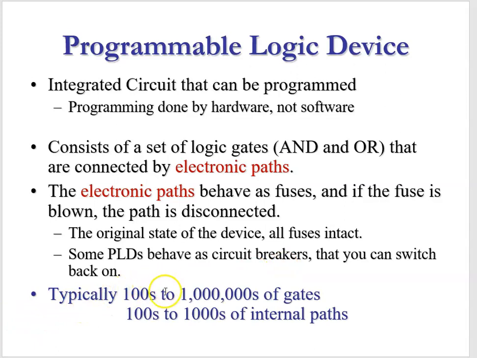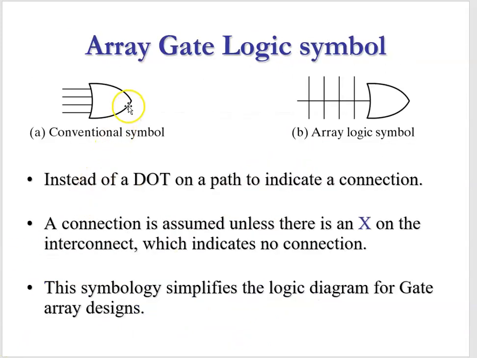Typically, these PLDs store hundreds to thousands or millions of gates and hundreds to thousands of internal paths. When we talk about these AND and OR gates that are connected by the electronic paths, our conventional symbol for an OR gate, for example, a 4-input OR gate, shows 4 inputs going into the left-hand side of the OR gate, whereas we're going to use an array logic symbol for our PLDs.